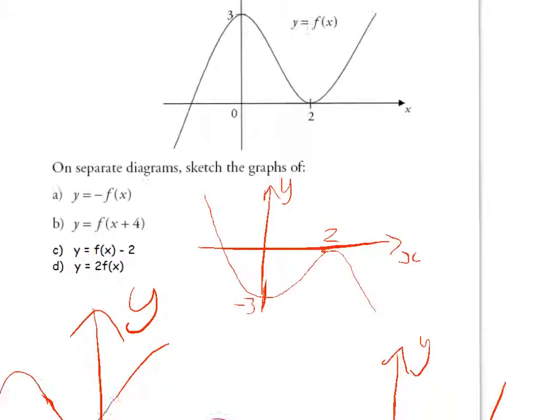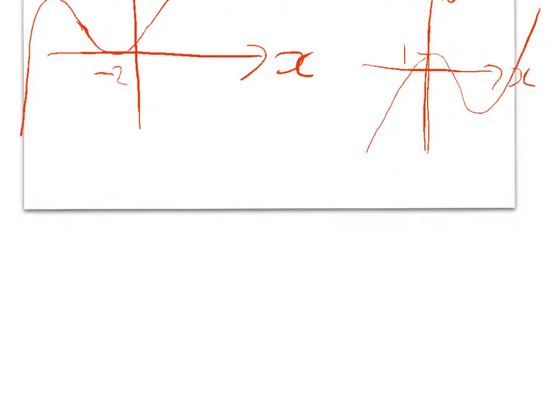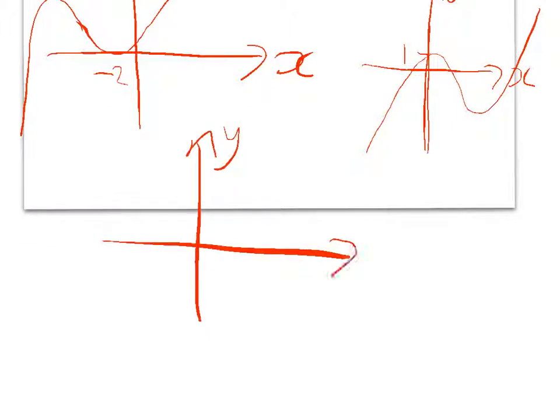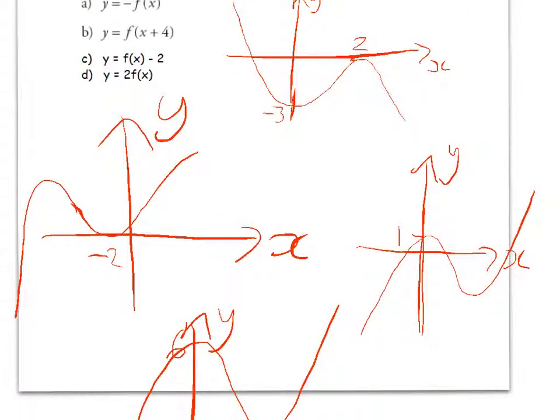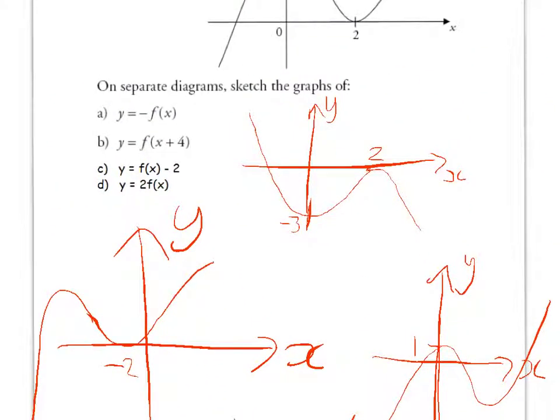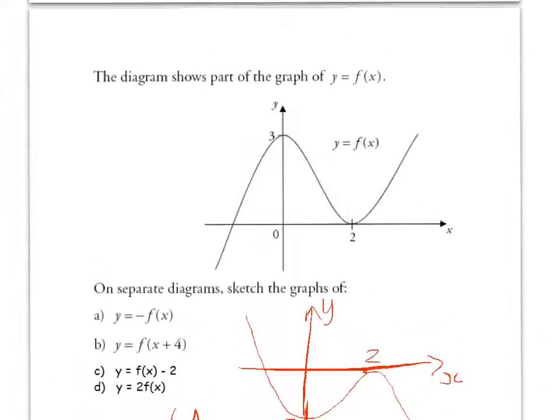So we can label a couple of points on this diagram. So we've got our y and our x. So instead of going through 3, it's going to go at 6. It's still going to go through 2, and it's going to look something like that. Now, as I said, make sure you label any key points you can on your diagrams.